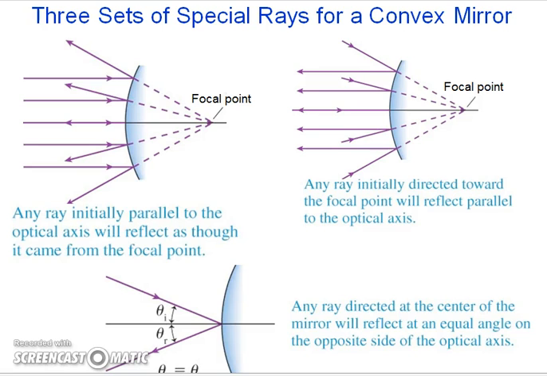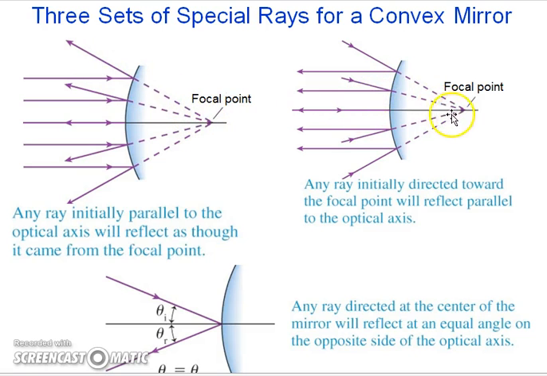In a similar fashion, we can talk about the three sets of special rays for a convex mirror. This is an example of a convex mirror, and I have parallel rays incident on it. These are my reflected beams. After reflection, these rays seem to be coming from a common point, and that point is called the focal point, as if they are emanating from it.